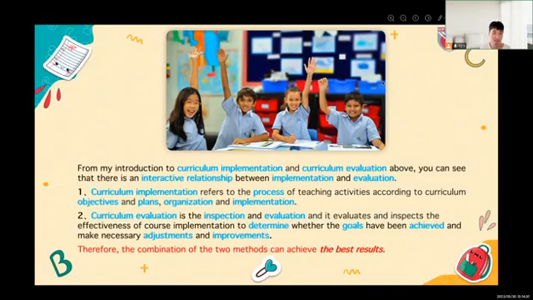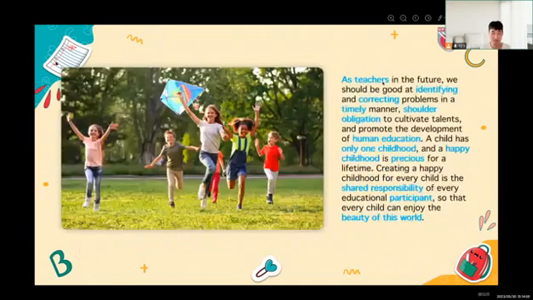Second, curriculum evaluation is an inspection and evaluation of the effectiveness of course implementation, to determine whether the goals have been achieved and make necessary adjustments and improvements. So through the combination of the 2 methods, we can achieve the best results.